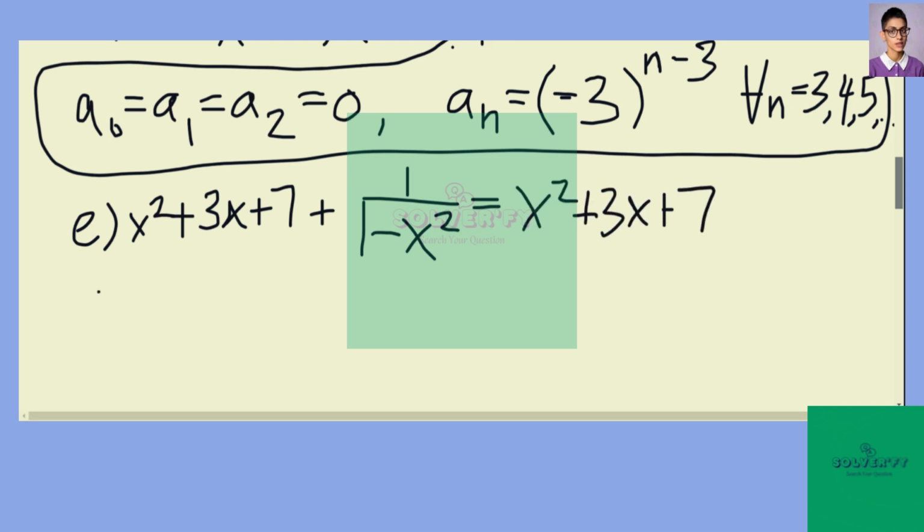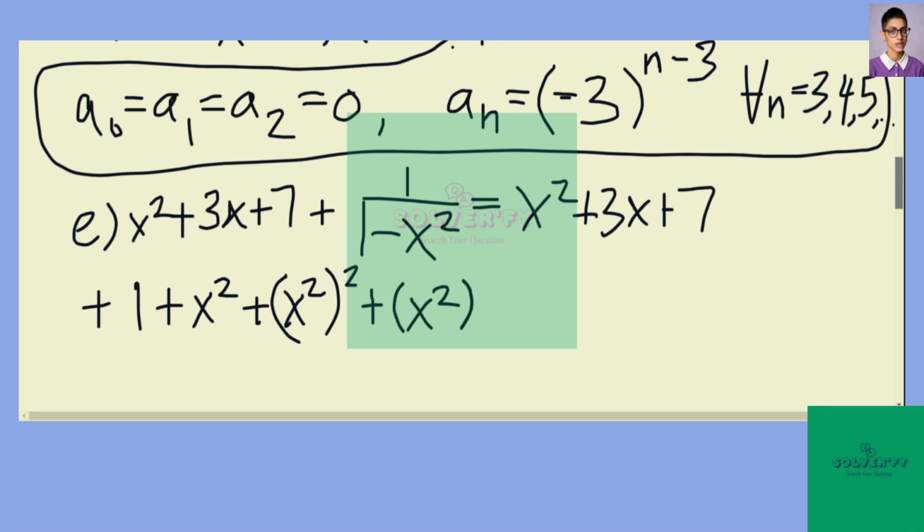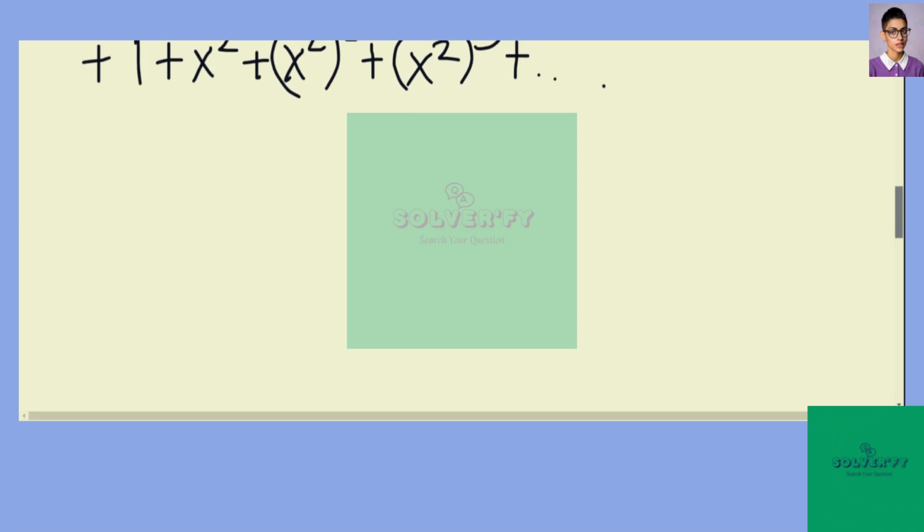We have this is equal to, by a theorem, x squared plus 3x plus 7 plus 1 plus x squared plus x squared squared plus x squared cubed, and so on.